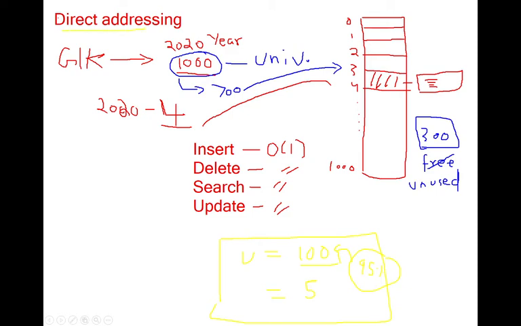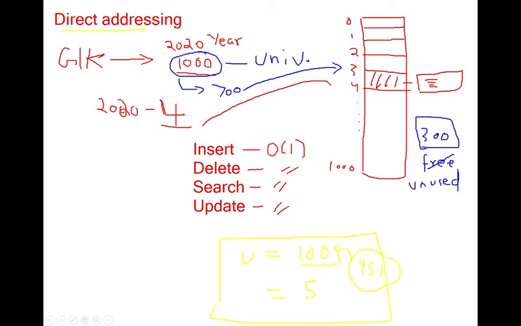So direct addressing table is good when the difference between the universe of keys and the actual keys is less. Secondly, at times the number of keys in the universe is too large that a direct addressing table cannot be created and cannot be stored in the memory.